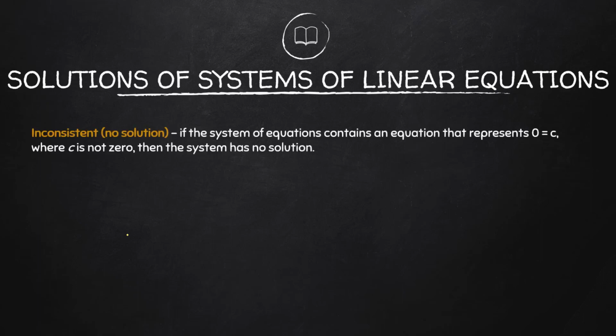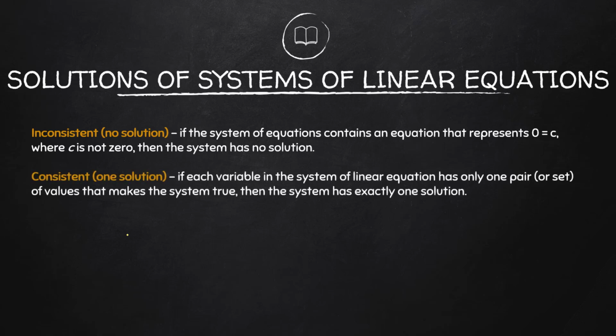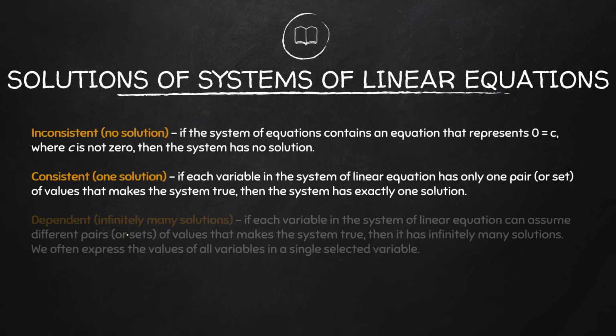So the solutions of systems of linear equations have three types. The inconsistent, or no solution: if the system of equations contains an equation that represents 0 is equal to C, where C is not 0, then the system has no solution. Consistent, or there is one solution: if each variable in the system of linear equations has only one pair or set of values that make the system true, then the system has exactly one solution.